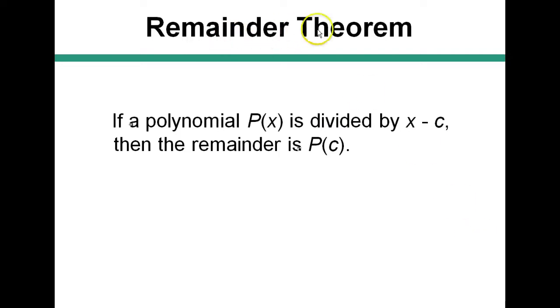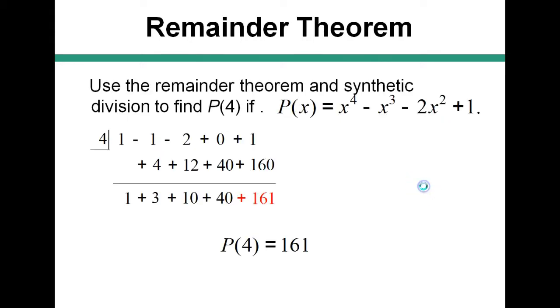Now, the remainder theorem is given in function notation. So here they're giving you a polynomial that is going to be divided by this, and then the remainder would be whatever value they give you here, and we'll see it worked out here.